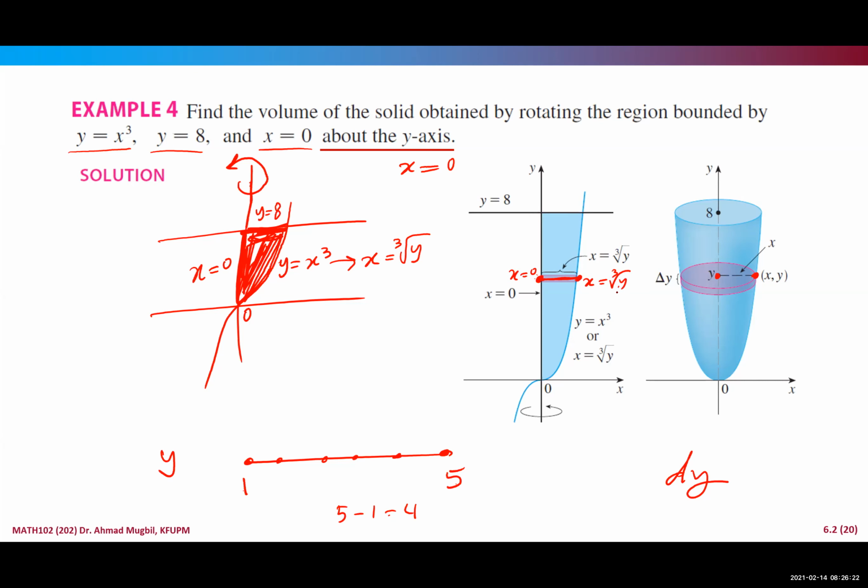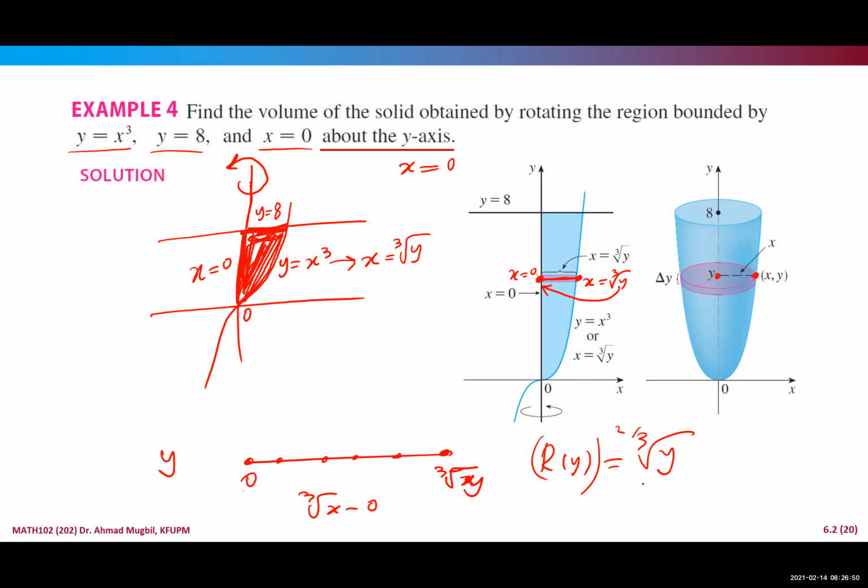So it will be this minus 0. The distance here will be just the cubic root of y minus 0. Sorry, the cubic root of y, not of x. This will be R of y. So R of y, the radius of the disk, will be just the cubic root of y.